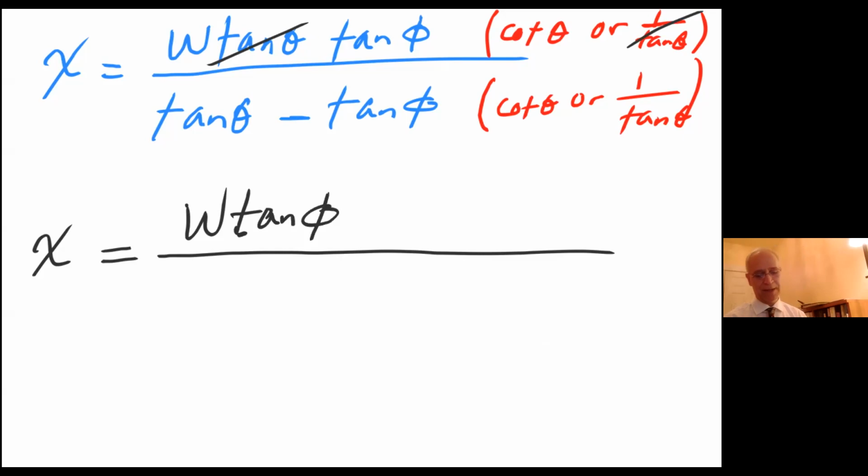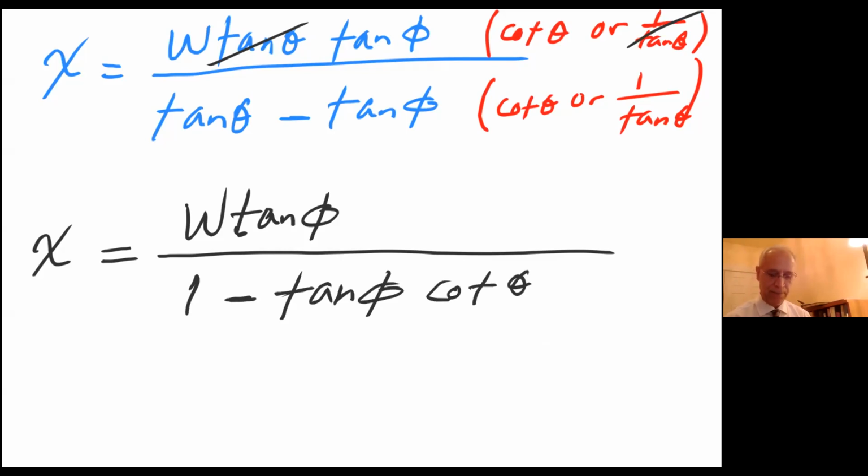W tangent of phi is what I have on the numerator. On the denominator, when I multiply, tangent of theta cancels 1 over tangent of theta, so I'm left with 1 minus tangent of phi times cotangent of theta. Needless to say, we could keep playing with it and go on, but I'm going to stop here.